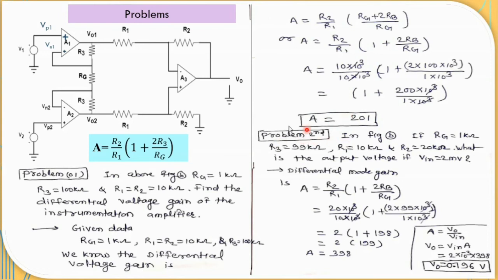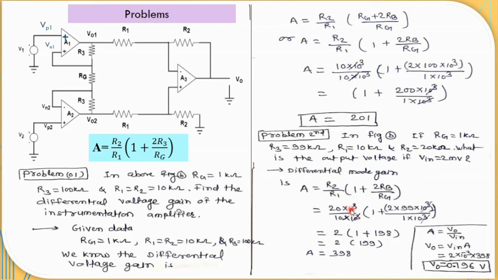Problem second: in figure B, if RG is equal to 1 kilo ohm, R3 is equal to 99 kilo ohm, R1 is equal to 10 kilo ohm, and R2 is equal to 20 kilo ohm, what is the output voltage if Vin is equal to 2 millivolt? We want to identify the output voltage, but we are familiar with the differential mode gain. A is equal to R2 divided by R1, inside the bracket 1 plus 2R3 divided by RG.